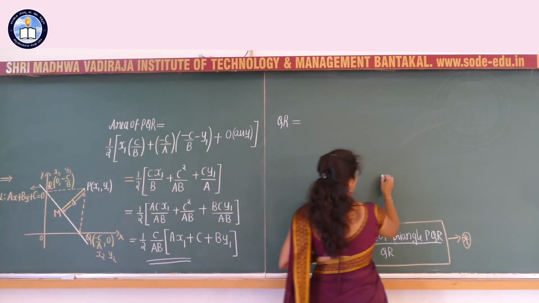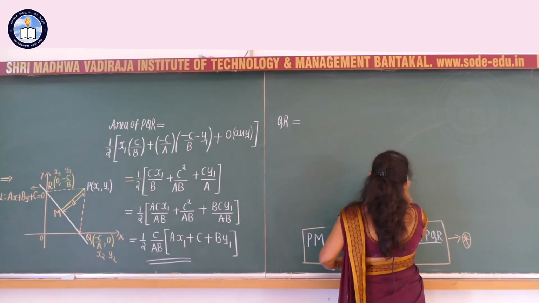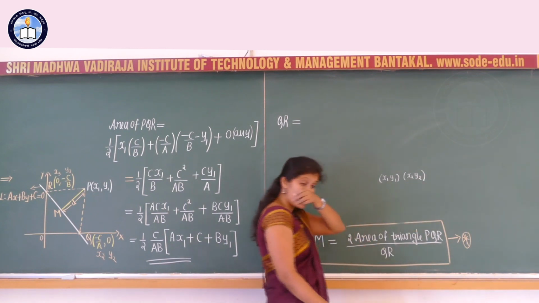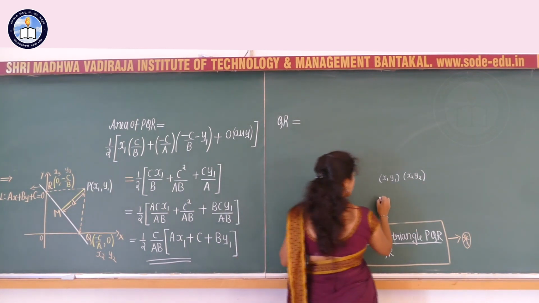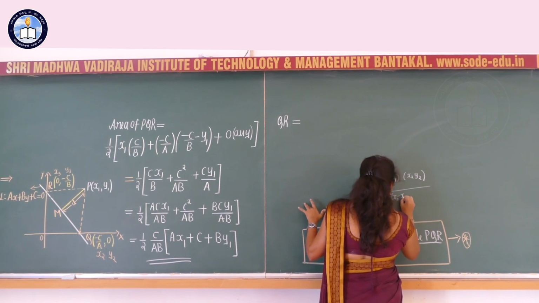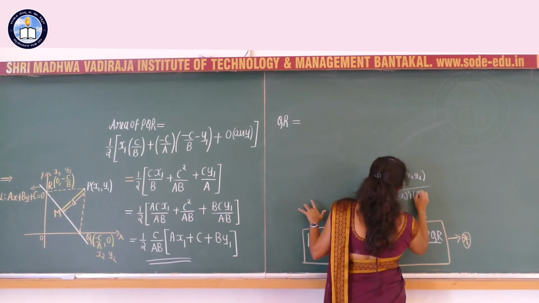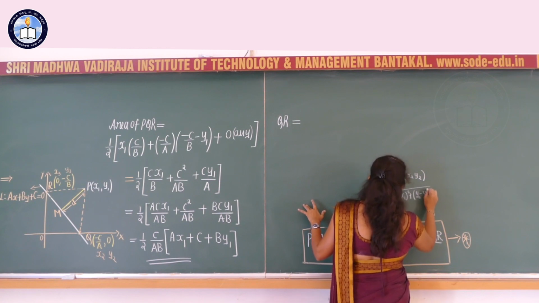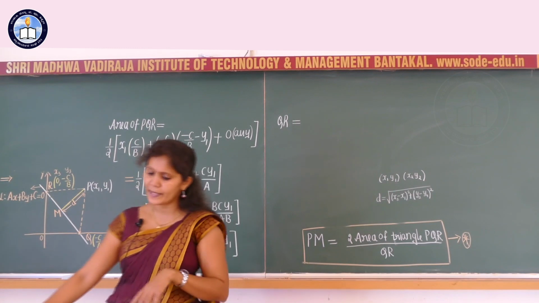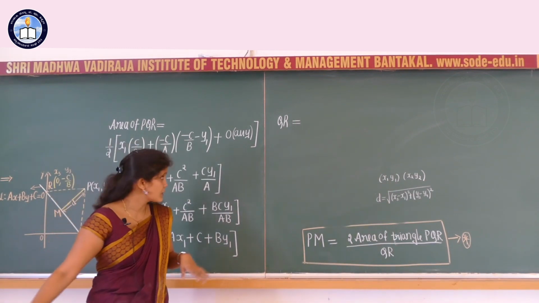So if ordered pair x1, y1 and ordered pair x2, y2 are the coordinates of any points, then distance between these 2 points is given by d is equal to root of x2 minus x1 whole square plus y2 minus y1 whole square, that gives the formula.